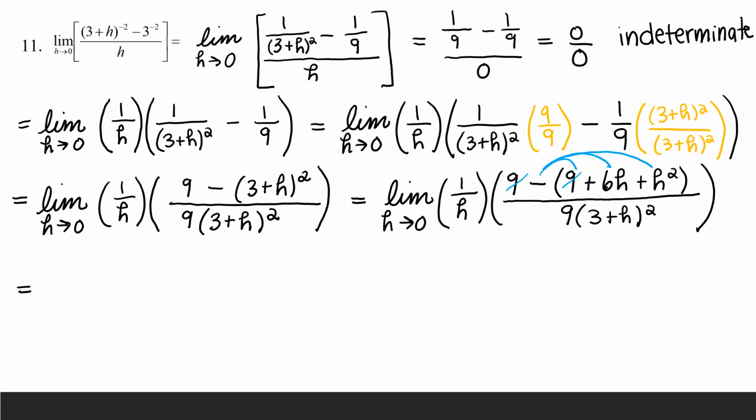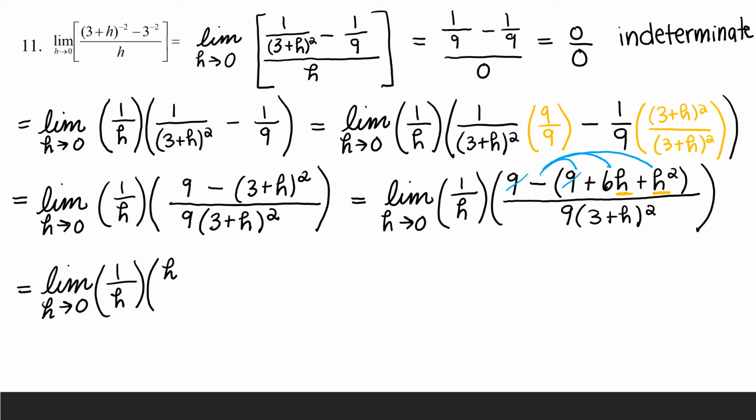So I have the limit as h approaches 0 of 1 over h. And then I also notice that what's left, both have these h's here. So I'm going to also factor out an h.